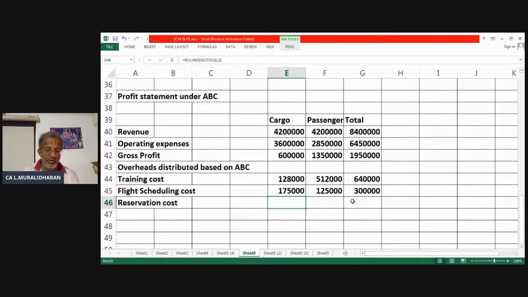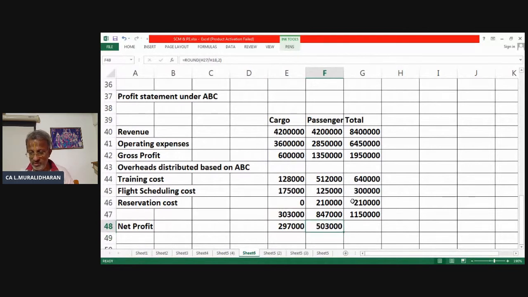They have forgotten to type it. Reservation is applicable only for passengers, the entire 2 lakh 10,000. This is missing in the question, so now I am taking it up. Net profit is gross profit minus overheads. Net profit ratio.